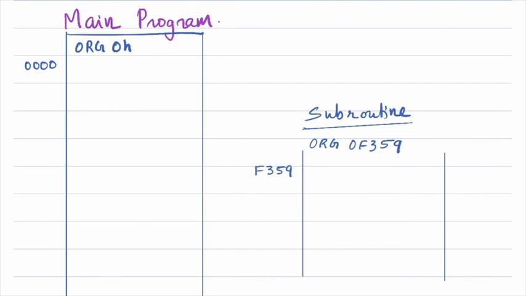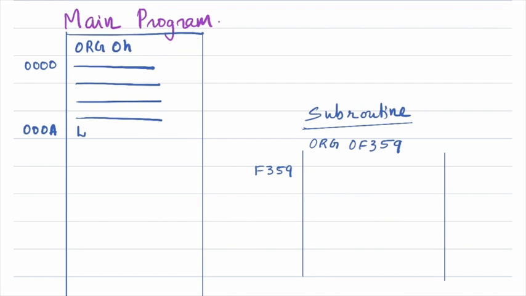So let us assume that this main program is starting, as we said, from 000 location. So let there be some instructions written here. There are a few instructions written from here onwards. And maybe at some point, at this location 000A, I am writing a call function.